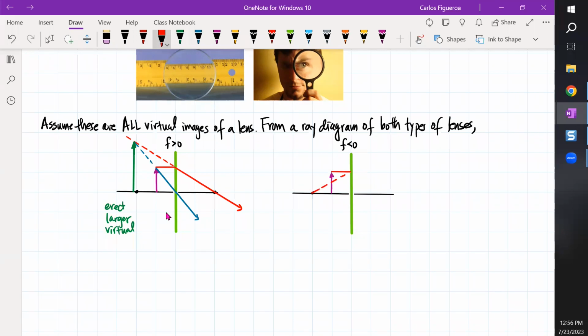And then I take my second ray, again, it goes through the middle of the lens, and you can see here that I have an image that's, again, erect, but this time it's smaller.